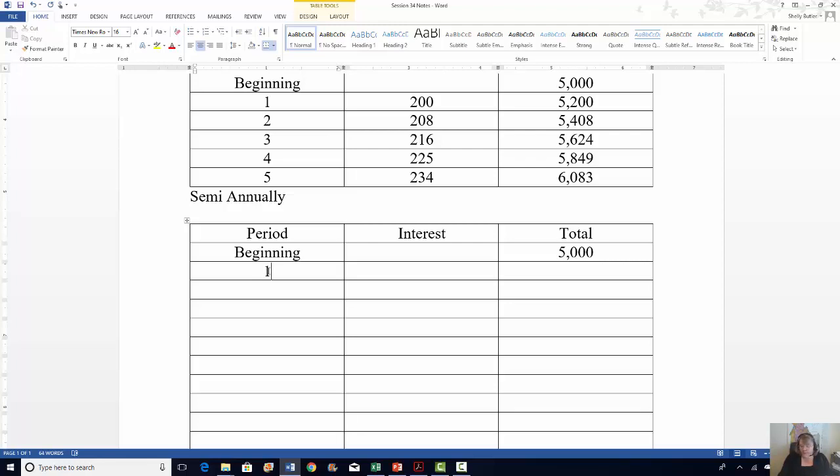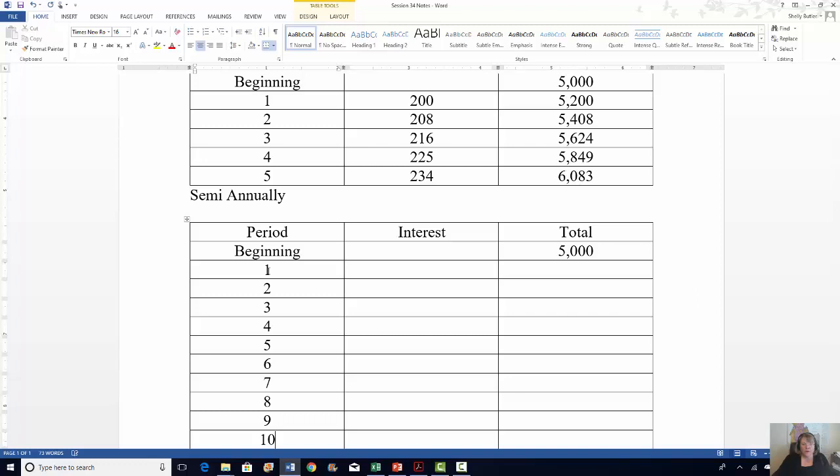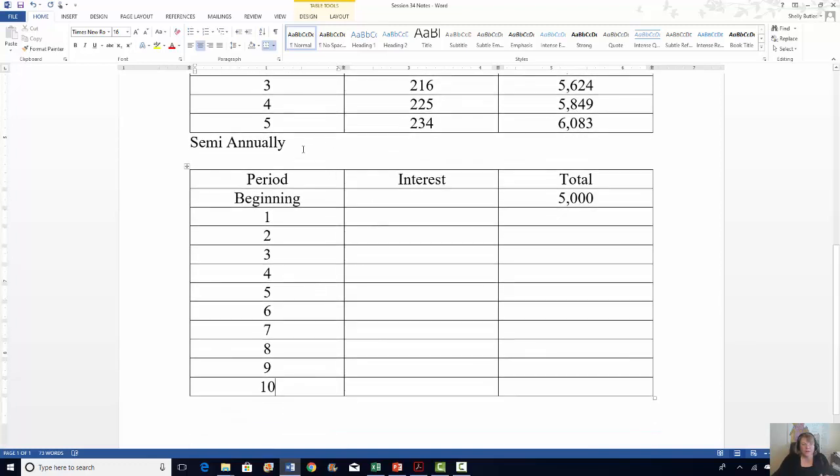So I'm just going to go ahead and do 10 periods. And again, our interest is 4%. So I'll put that in here, 4%. And we're going to do the same process, except we are going to have more periods. We're going to get more interest, and it's going to add up faster.